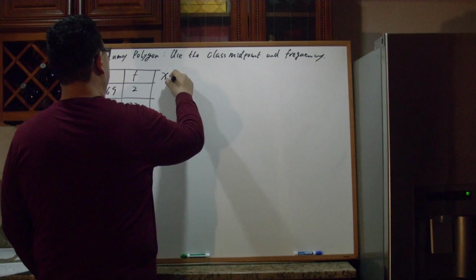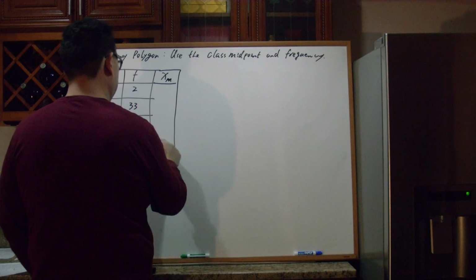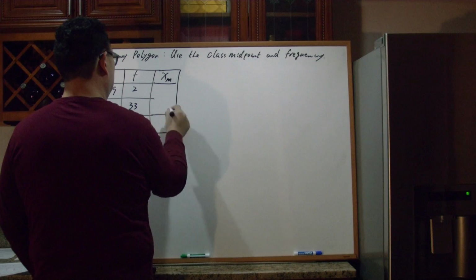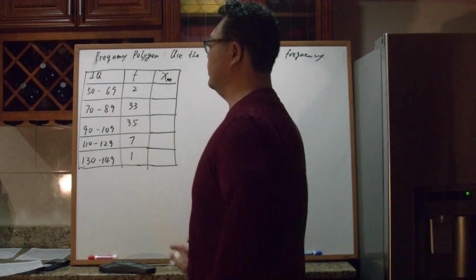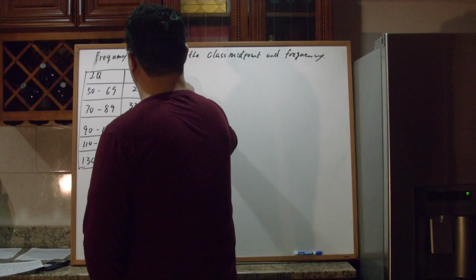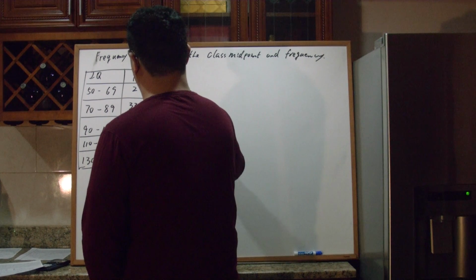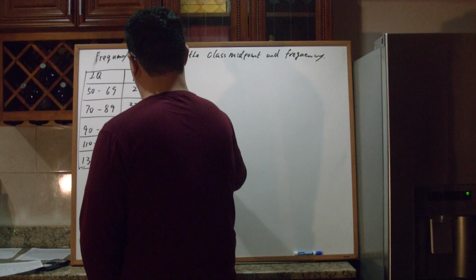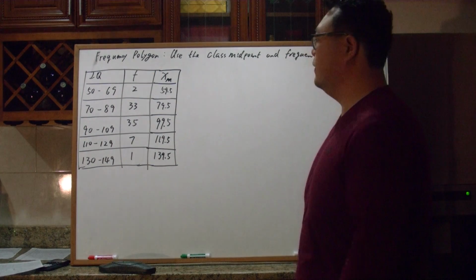We said before that Xm is the midpoint of each class. To find the class midpoint, take the sum of the two class limits and divide by 2. We found these already: 59.5, 79.5, 119.5, 139.5.